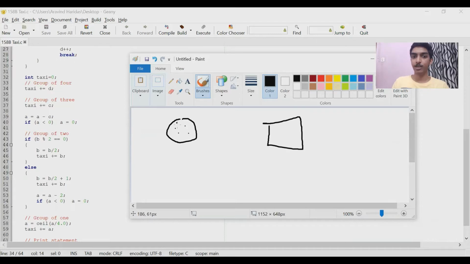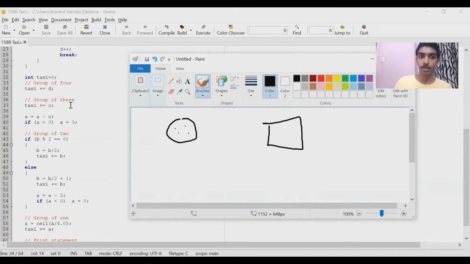So if there are D groups of 4, there needs to be D taxis, and all these taxis are full. So we add D to the total number of taxis: taxi plus D.